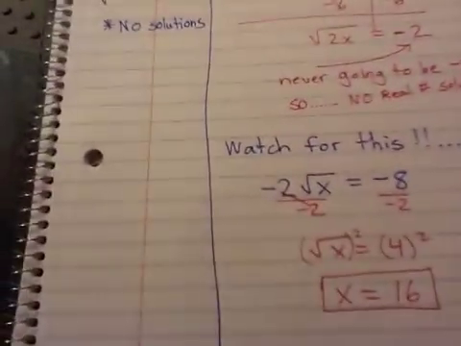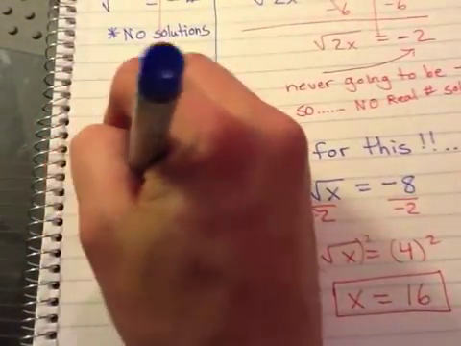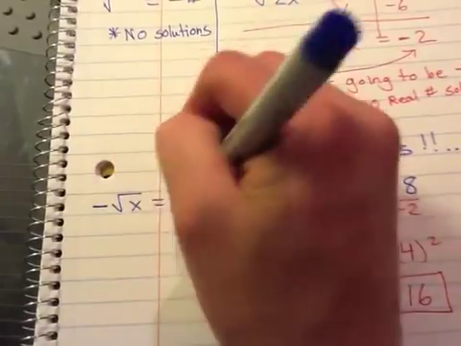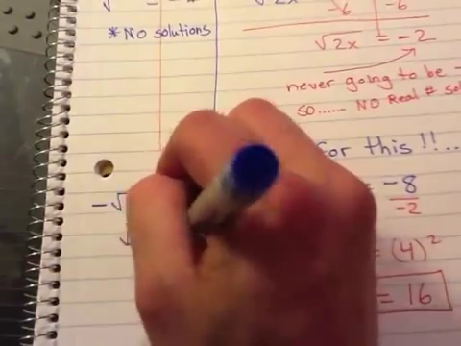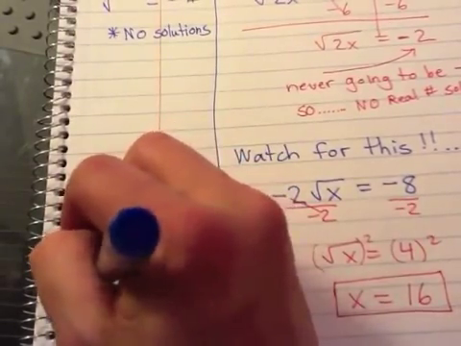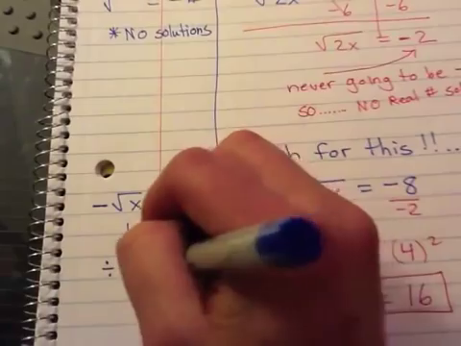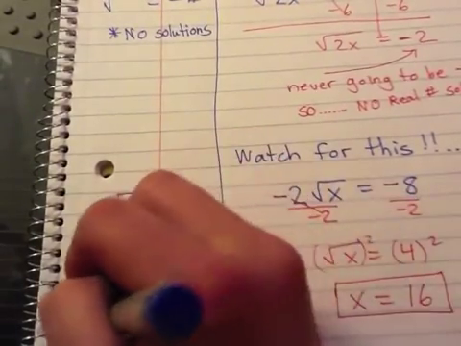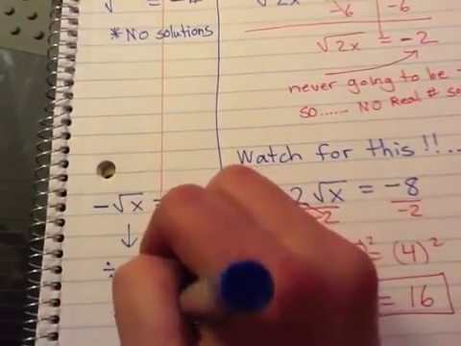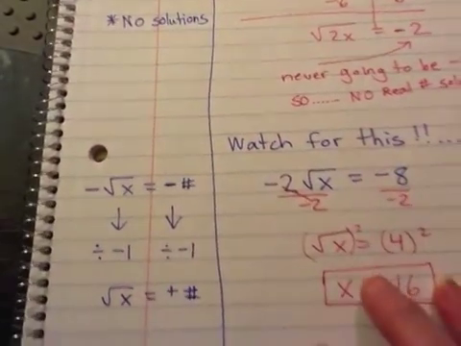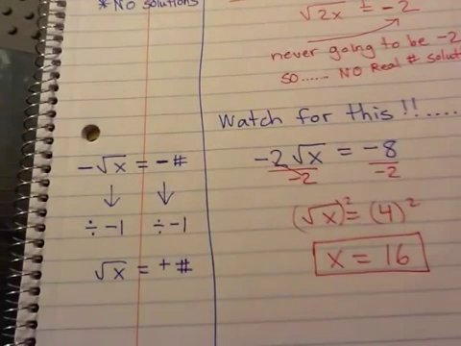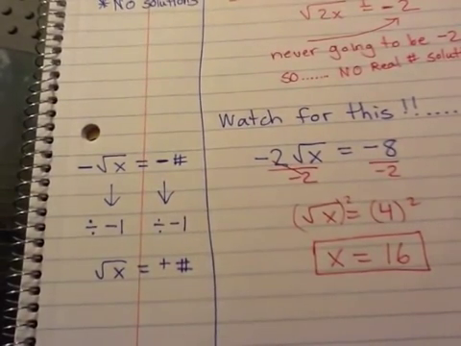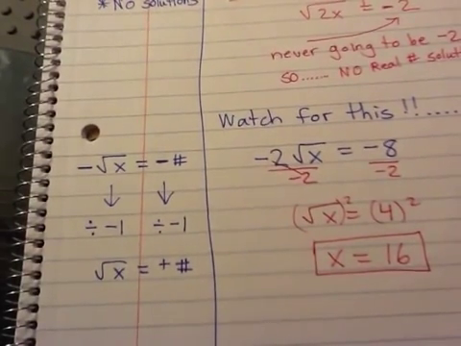But watch out for negative square root x equals a negative number, because this becomes divide by negative 1, and you end up with square root of x equals a positive number. So you just have to be really careful with that. And that's the end of this lesson. So tomorrow we'll be working on work for it, and you can ask any questions you have then.